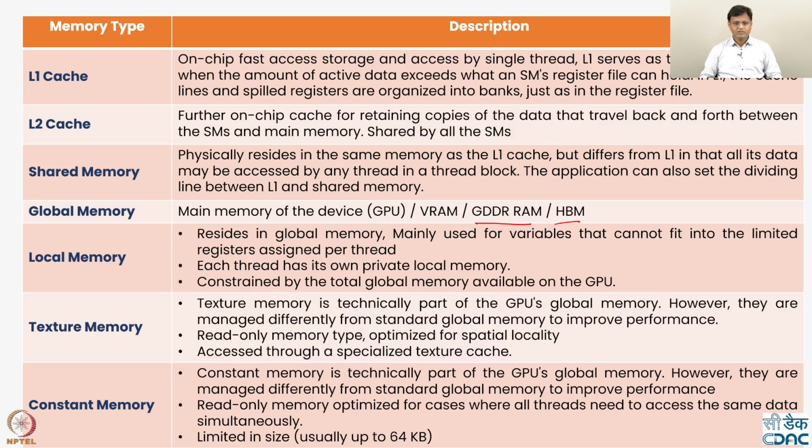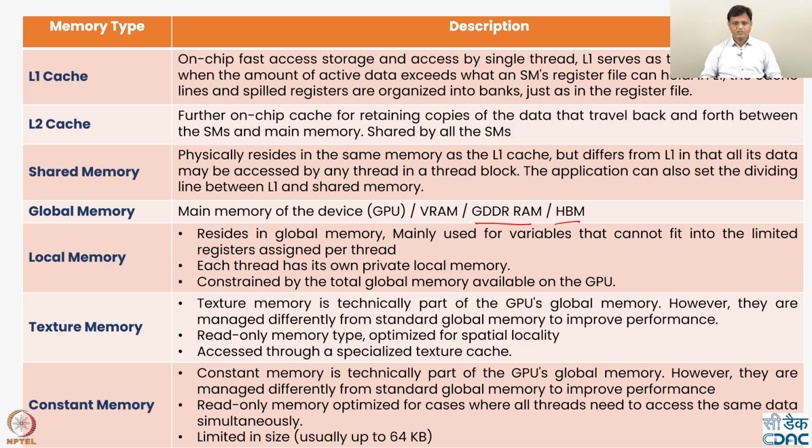Each thread has its own private local memory, and it is constrained by the total global memory available on the GPU. That means however much space is available in the GPU, that much memory can be used for this purpose. Then there is texture memory.